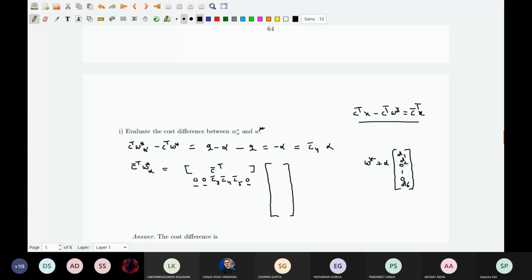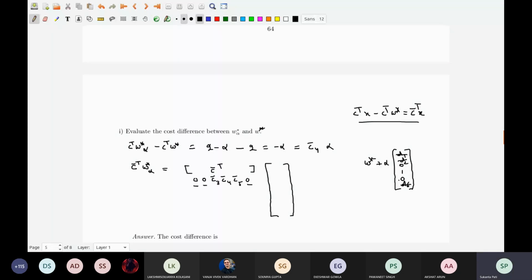Further, out of the non-basic part, I have kept the entries of the vector D, D3 and D5, the same, and they were 0 in W star and 0 in W star alpha.